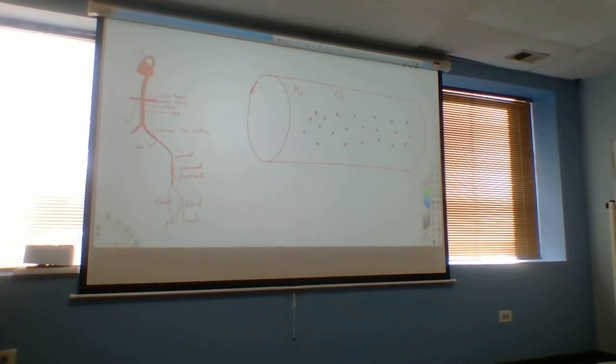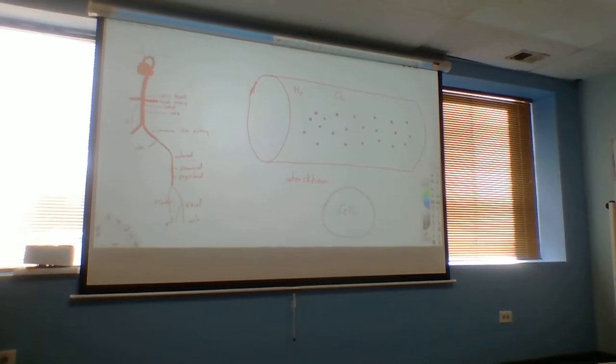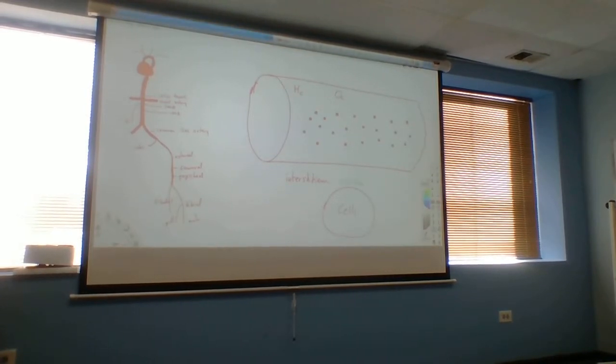Good? And you have the space between cells. The space between cells and blood vessels is known as interstitium. This space in green, the space between cells and blood vessels, is known as interstitium.